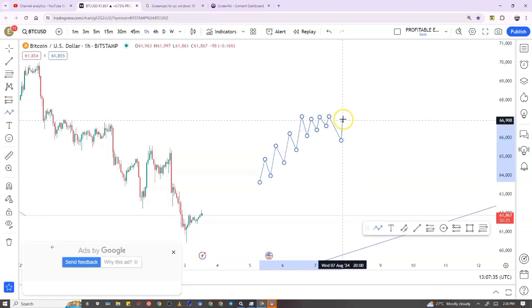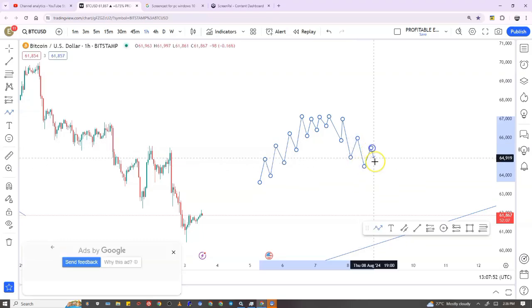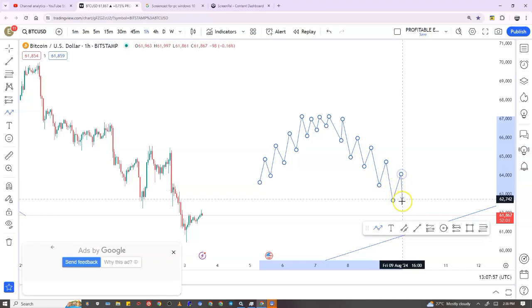Most times you see a consolidation, and after that the market goes like this and starts creating a lower low. This is a lower low, so we are on a downtrend.